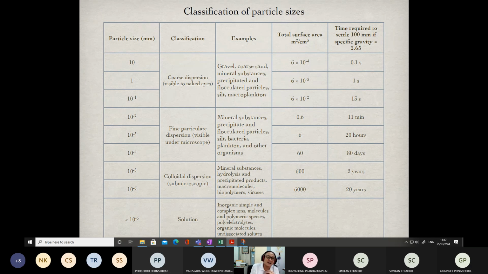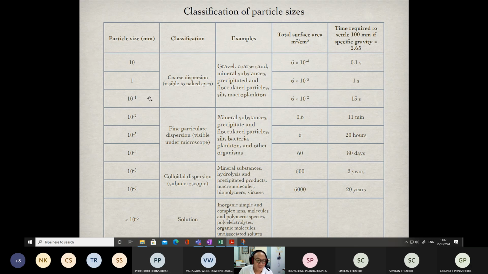If you take a look at the particle size for the grit particles, we expect to remove particles with a size larger than 0.2 millimeters. 0.2 millimeters is still a particle size which can be visible to the naked eye. For a size of approximately 10 millimeters, or a diameter of approximately 1 centimeter, this is definitely gravel.